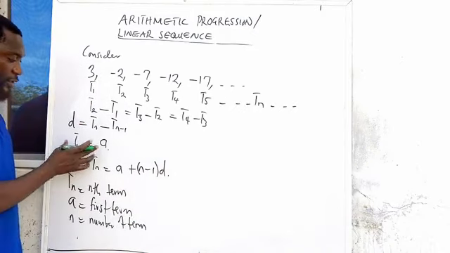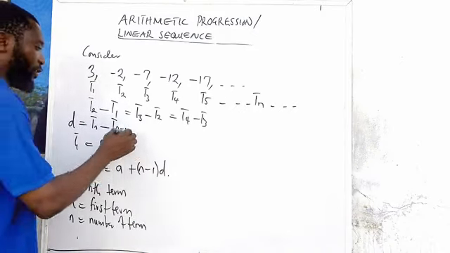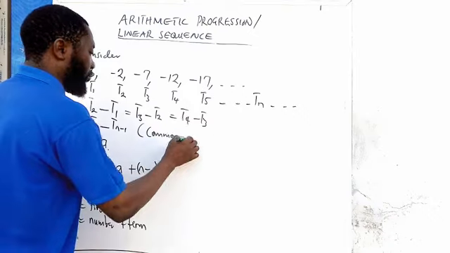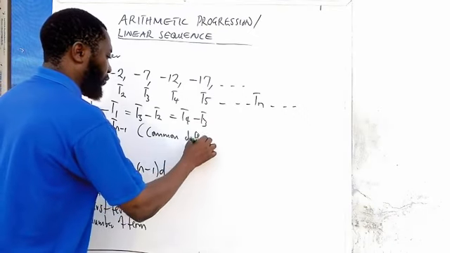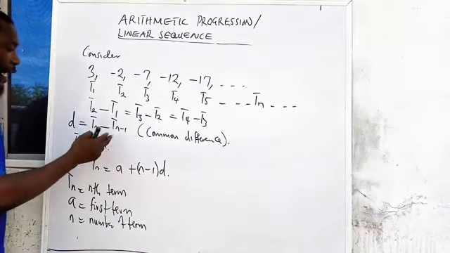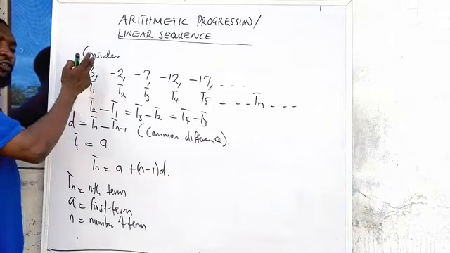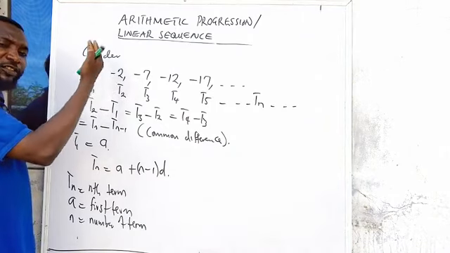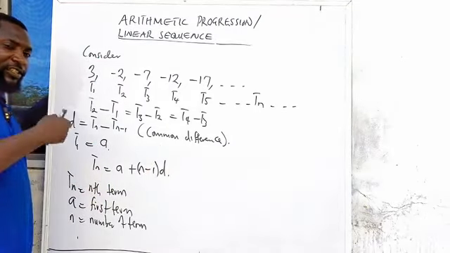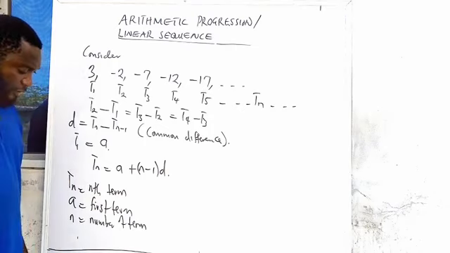And our D is the common difference. So once you add the common difference to the first term, you get your second term. Add it again, you get the third. As you continue, you get each successive term.